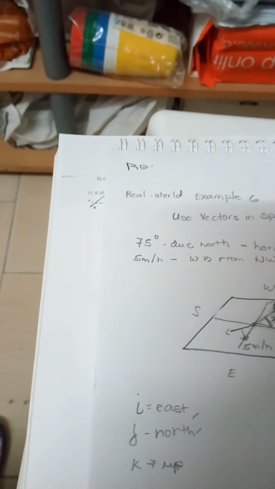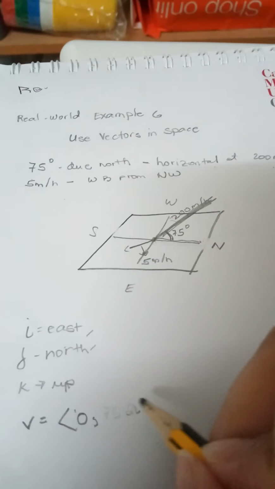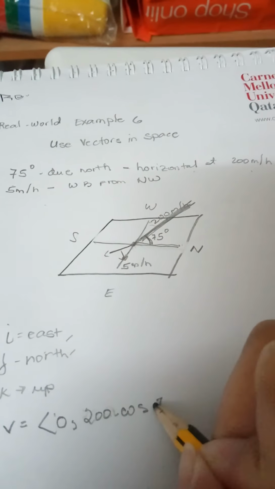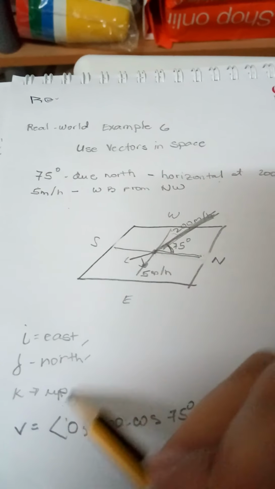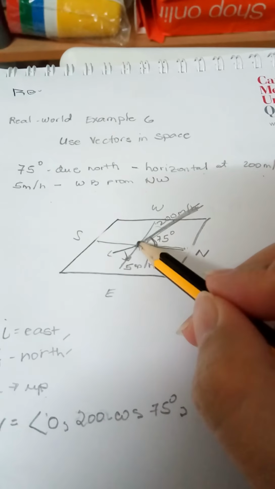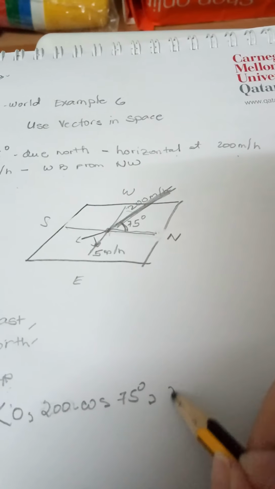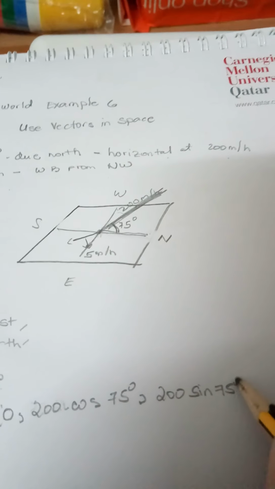The magnitude is 200, cosine 75 degrees, comma, and then there's up. Up is 200 sine 75 degrees.